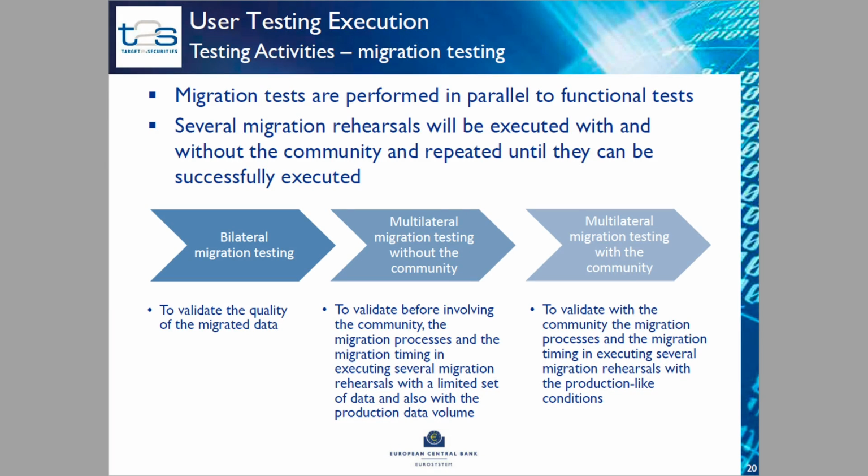Once the community testing stage starts, the communities will be part of the migration testing. As Holger already mentioned earlier, it of course depends on the role that the migration subgroup will define for the TCPs as well as the indirectly connected participants during the migration, the pre-migration phase as well as the migration weekend.